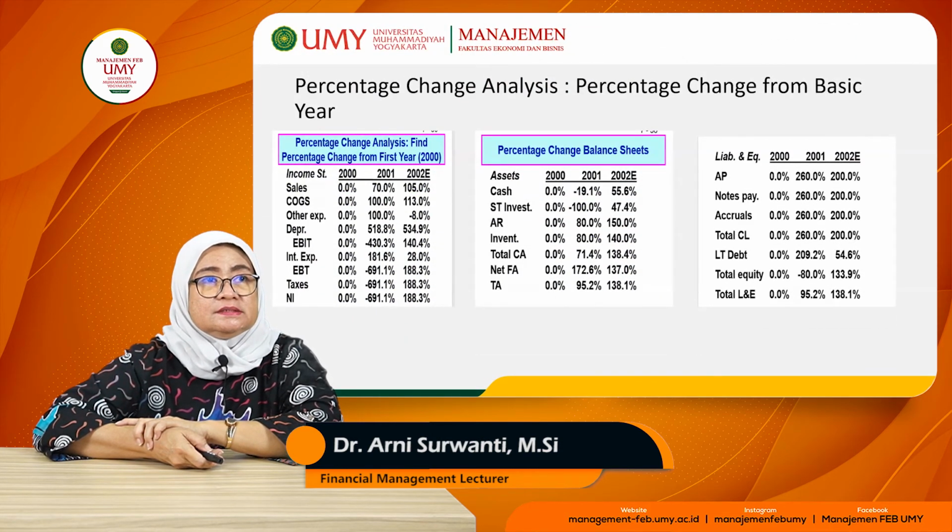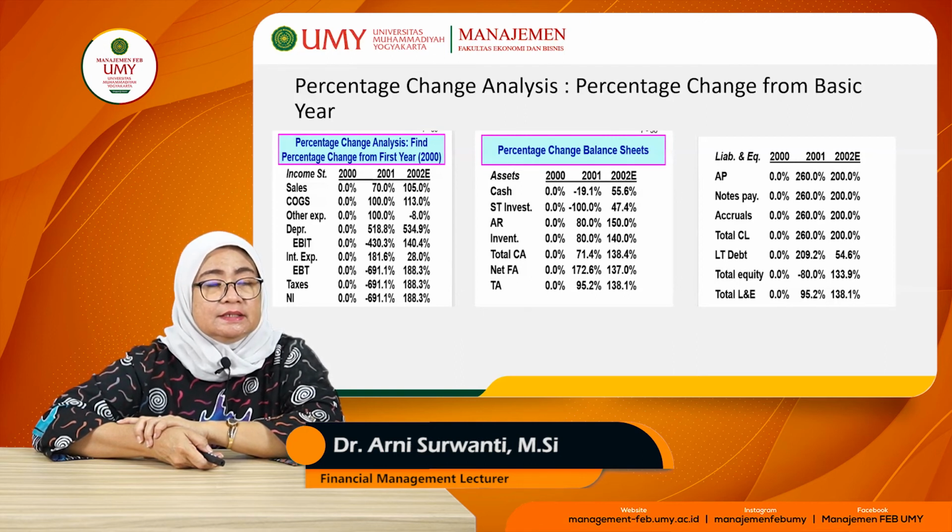And we can also use percentage change analysis. In percentage change analysis, we can choose one certain year as a base year, and then we can calculate how much each account in the financial statement has changed compared with the base year.